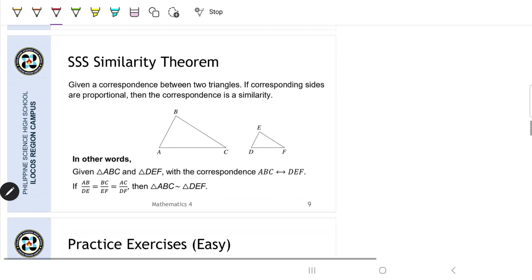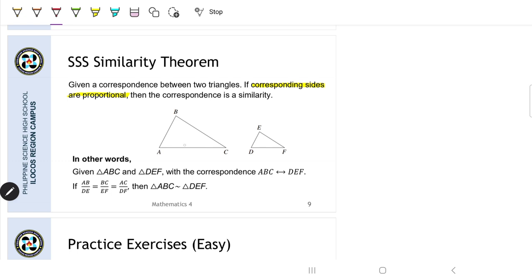And lastly, we have the SSS similarity theorem. This is the opposite of the first theorem, AAA. Here we need to show that the corresponding sides are proportional, so that we can say that the two triangles are indeed similar.